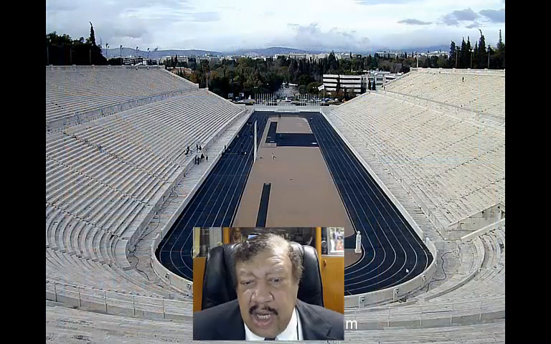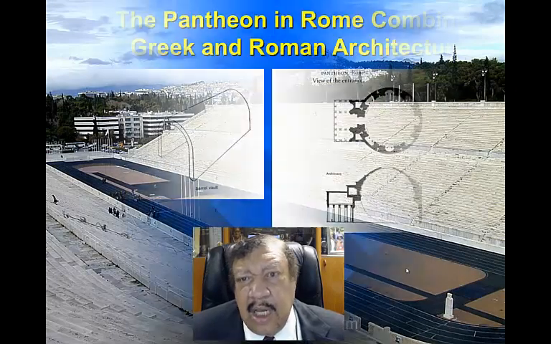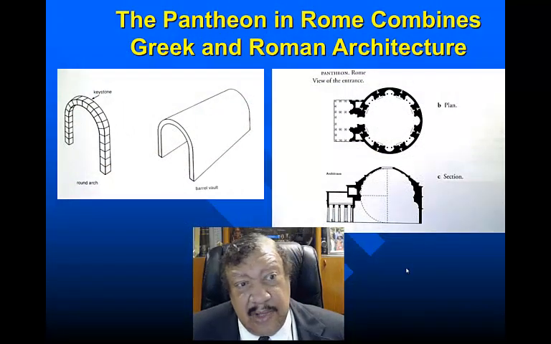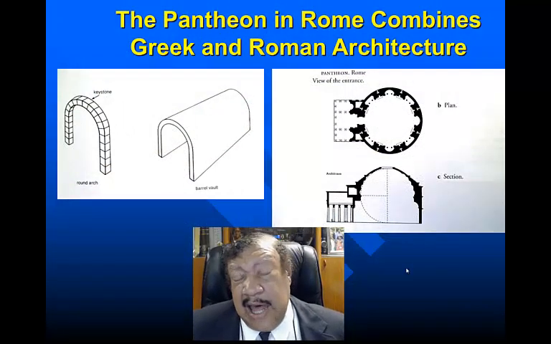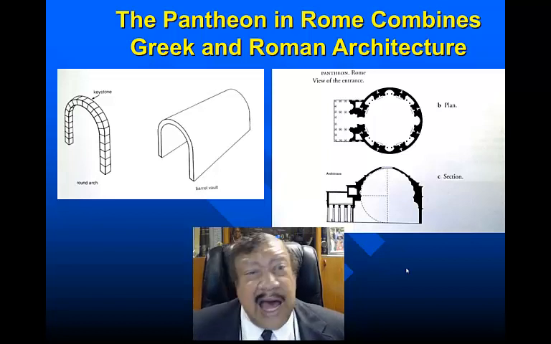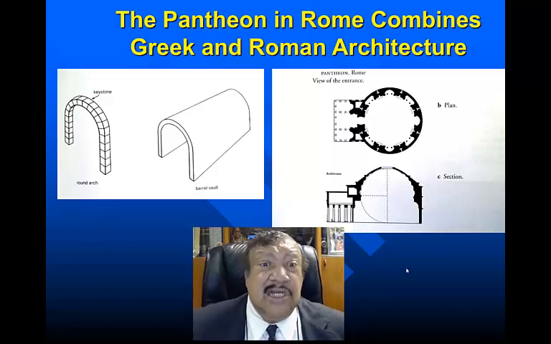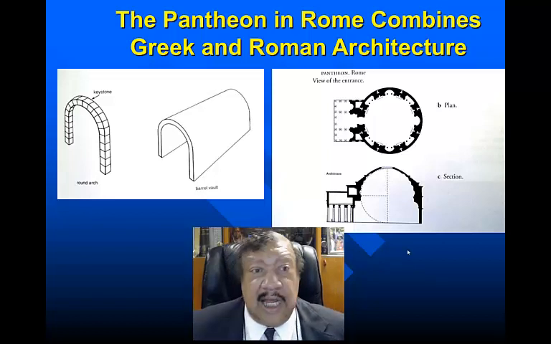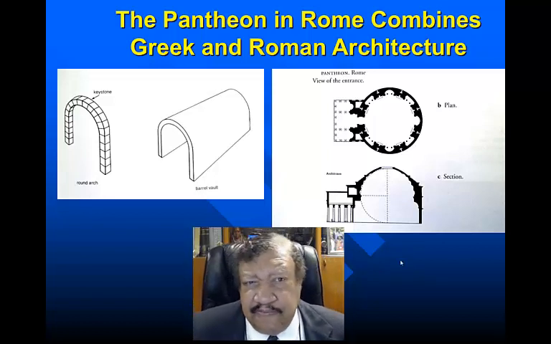And of course, like Athens, the Romans had these arenas that imitated and were part of the Athenian athletic ideal. In other words, the Olympics came out of the Greeks and then went into Rome.